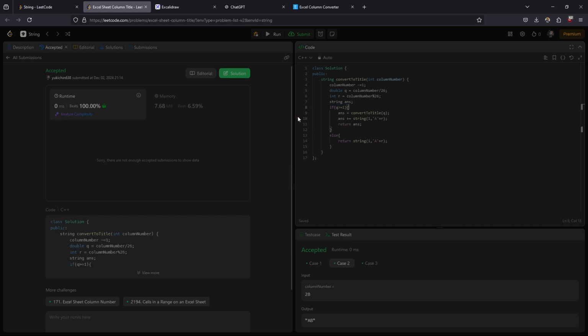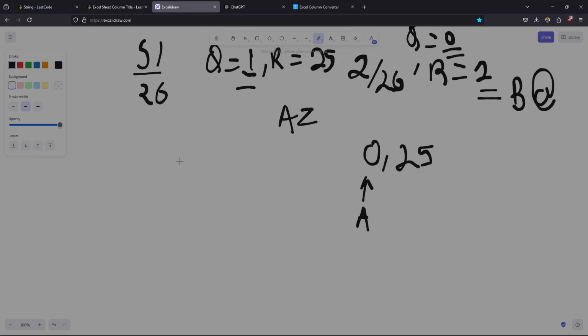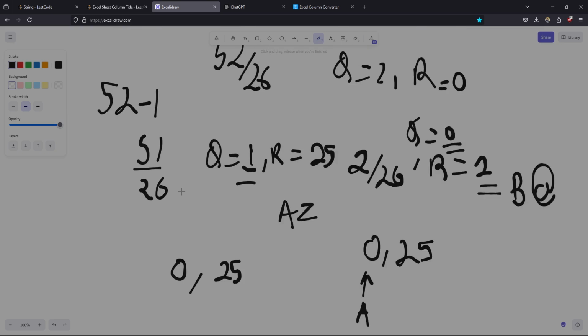So what I thought was, we were getting an issue here, right? The remainder can go from 0 to 25. What was happening was, when you divide a number by 26, the possible remainder goes from 0 to 25.